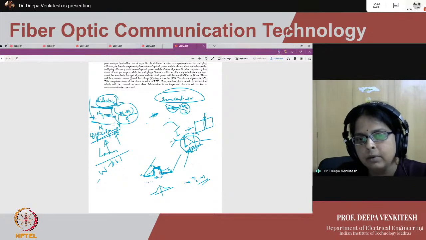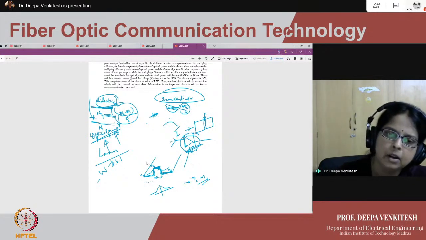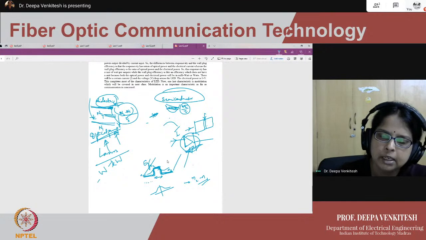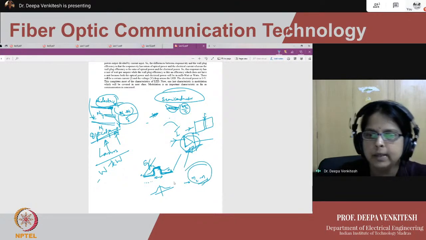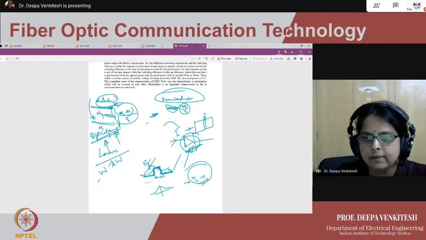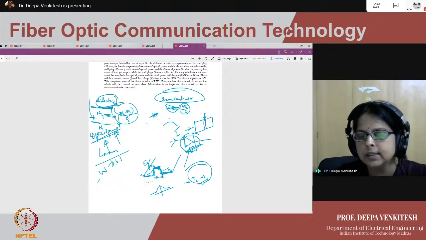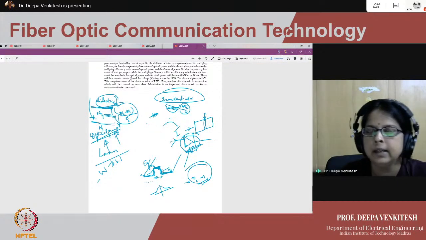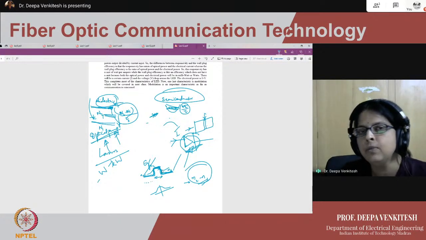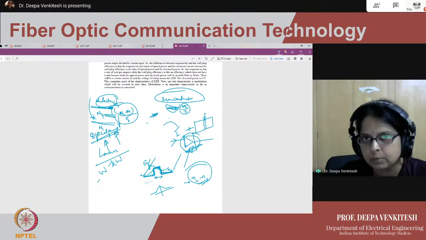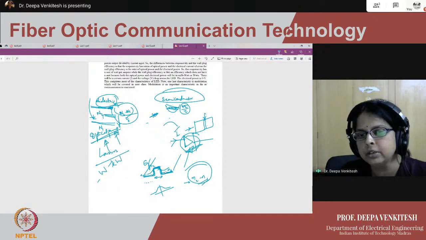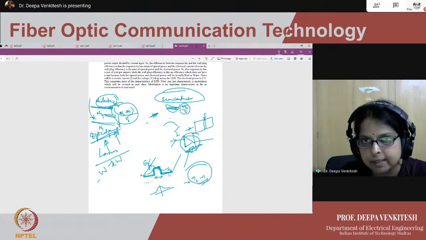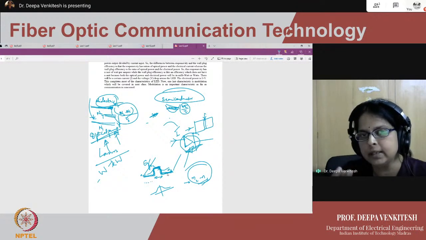But all I want to say now is, depending on the choice of your EG, you are deciding your N2 minus N1. And this N2 minus N1 actually decides the nature of the transverse mode that is supported by the LED or laser structure. So if you want it to be a single transverse mode, you have to pay attention to what your N2 minus N1 difference is, whether it is one transverse mode or multiple transverse modes.